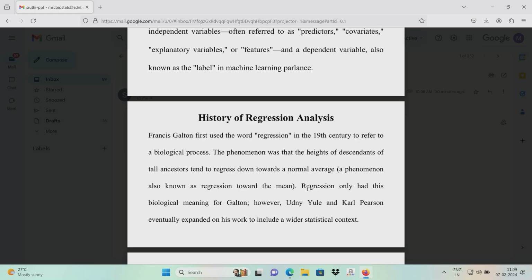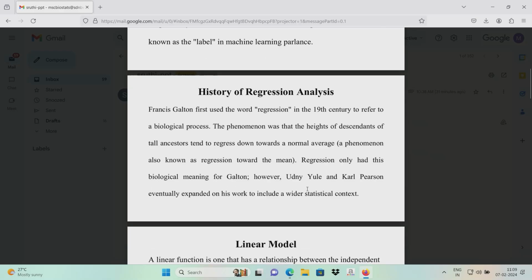He used the term regression to compare the heights of the descendants of tall ancestors, which tend to regress towards a normal average person. He used it only for biological meaning, but this purpose changed when Udny Yule and Karl Pearson worked on this model and expanded it to a wider statistical context.